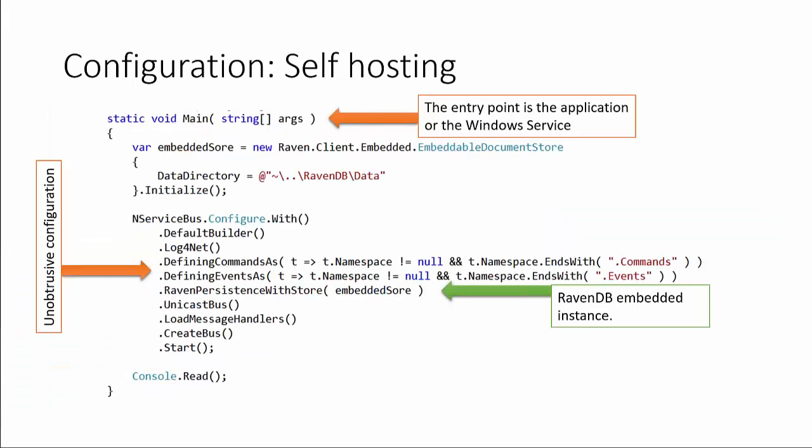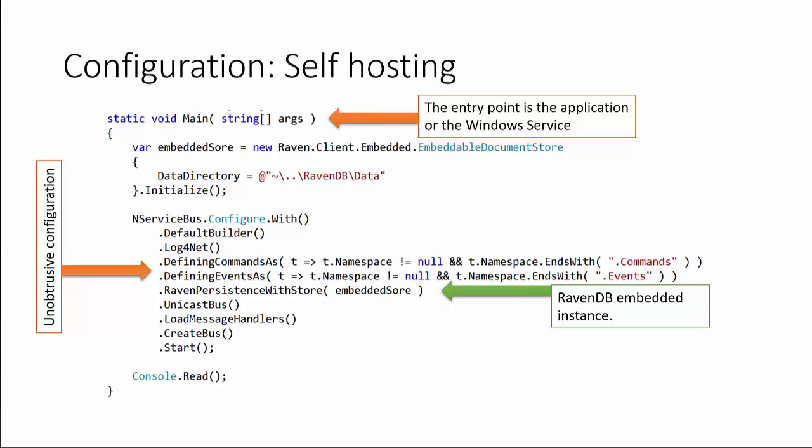If we decide to go down the self-hosting route, in this case the sample is a console application, we do not have an entry point defined by NServiceBus because the console application itself will be our entry point. It can be a Windows service or the static void Main method of a WPF application, for example. This is the exact same code to replicate the behavior we've seen with the NServiceBus host in the previous slide. Basically, we are setting up the embeddable document store, defining the directory, initializing it, and then we need to take control over the entire configuration on our own.